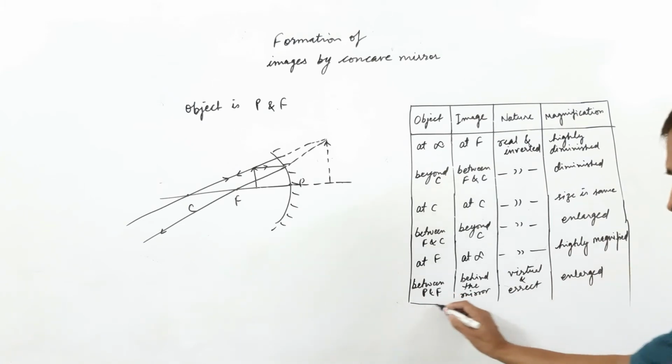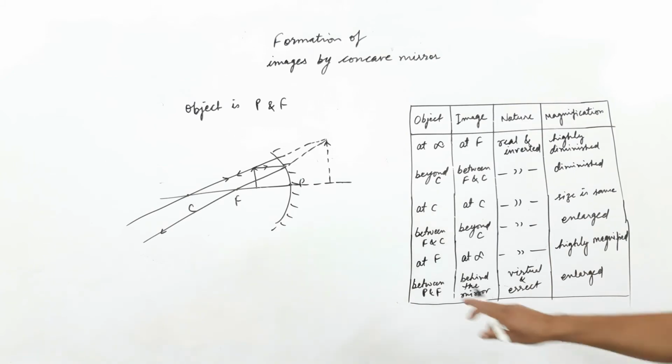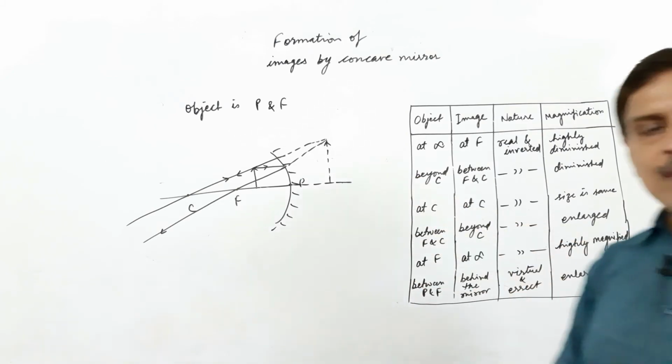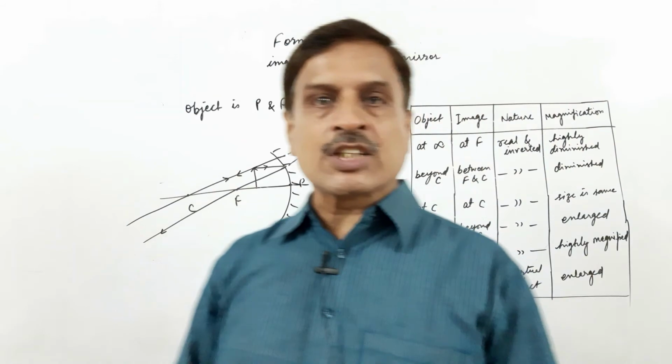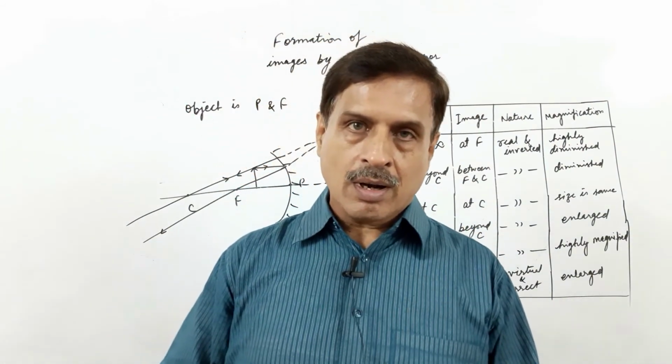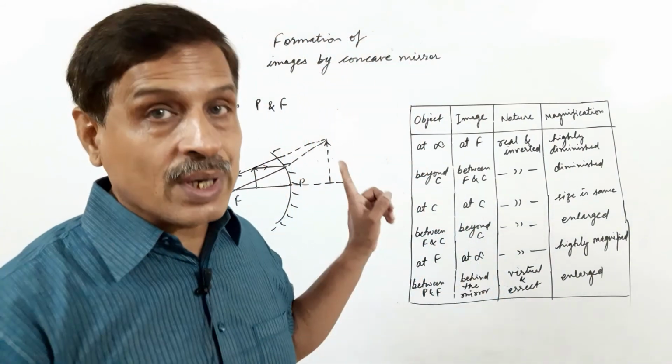Thus we see this is the only case in which a virtual image is formed by a concave mirror, and that is also erect.